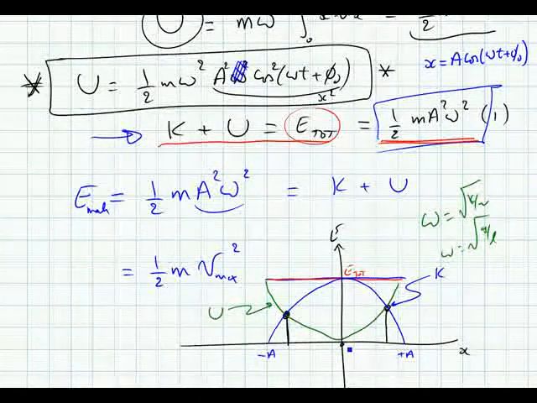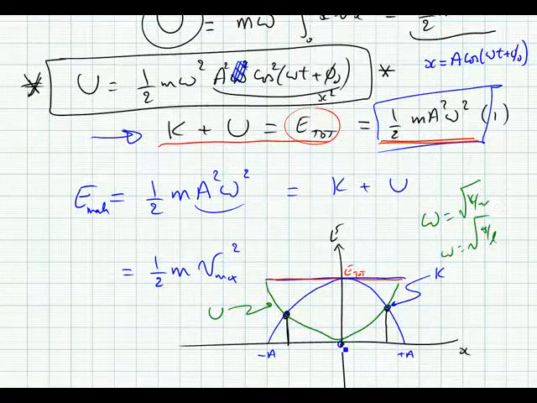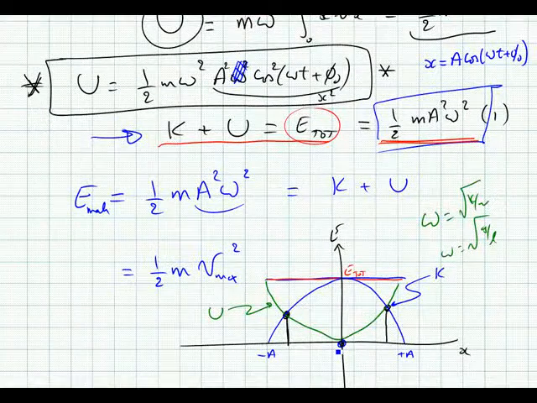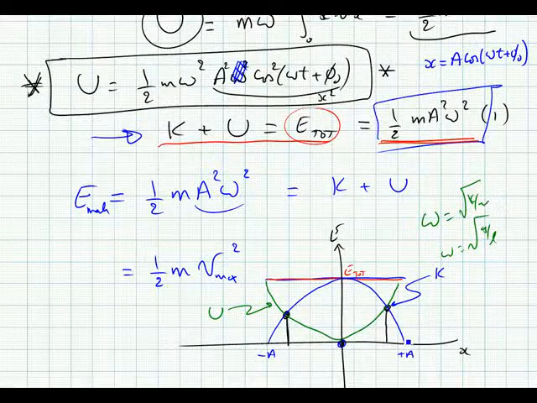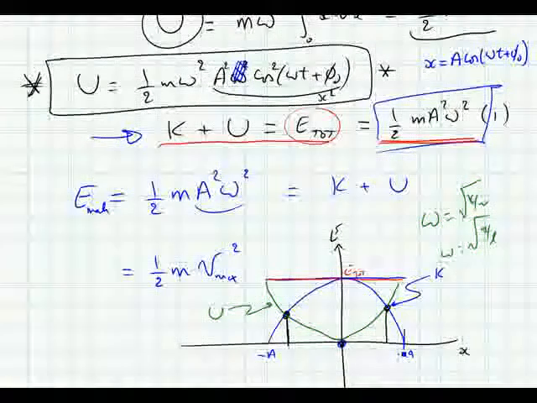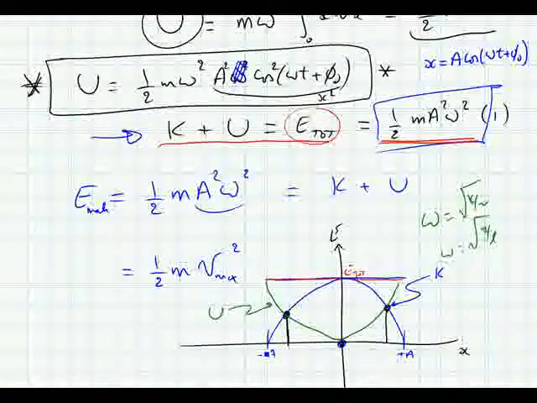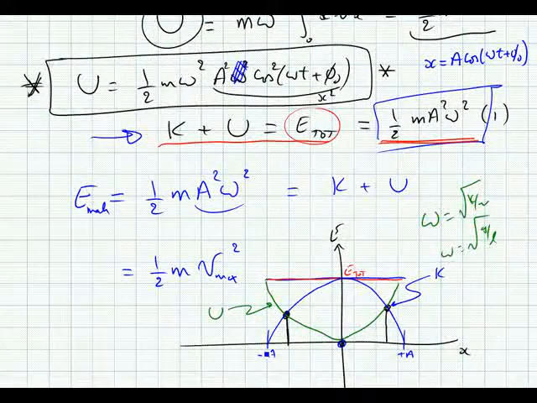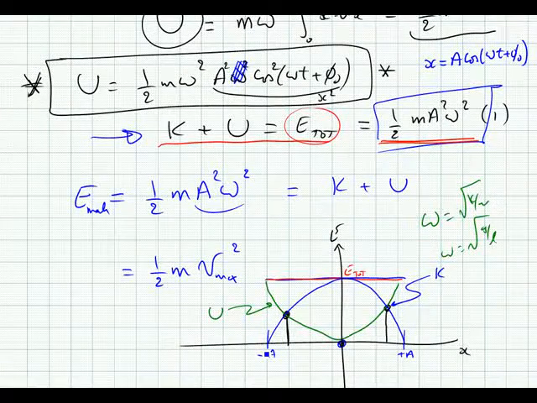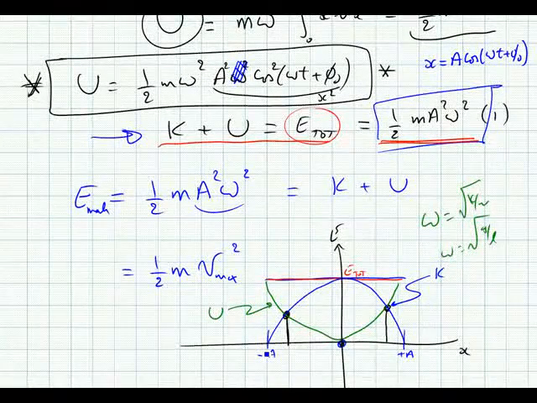Let's say that the center here, the origin, is the equilibrium position. This position is plus A, and this is the negative displacement. And the velocity of the oscillator at either minus A or plus A is 0, of course.